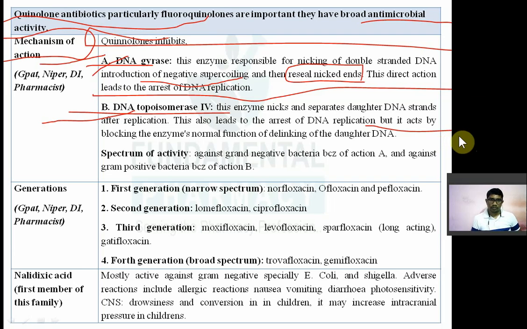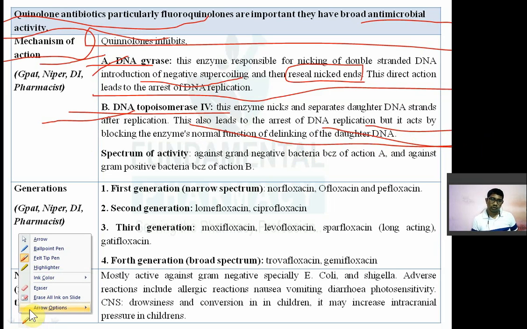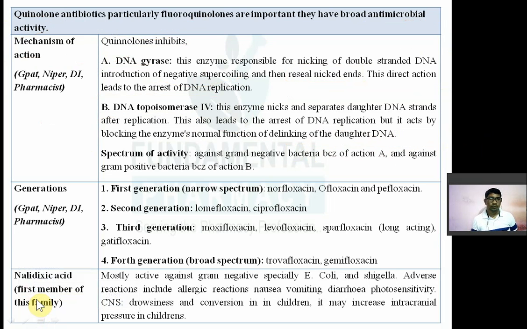Now these drugs act by blocking these enzymes. Fluoroquinolones block DNA gyrase as well as DNA topoisomerase. The main function of DNA gyrase is to relieve the supercoiling caused by replication. The end where replication has finished is known as the nick end.